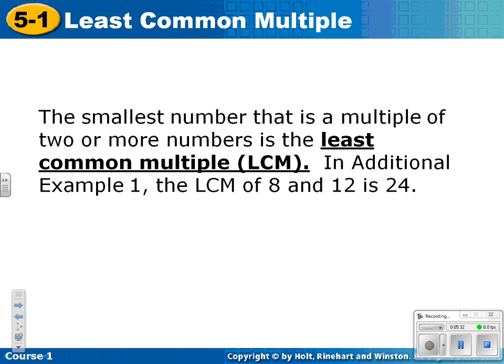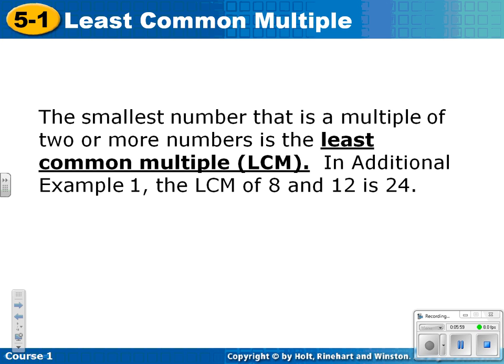Those are multiples. So if I ask you what are the multiples of 4, you would say what? How about start with 4? Okay, 4, 8, 12, 16, 20, 24.